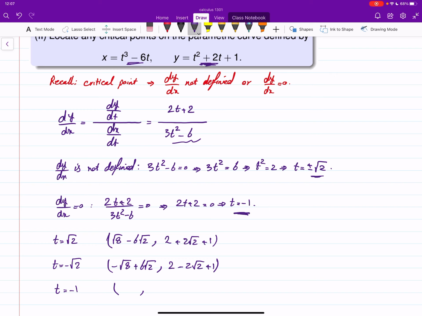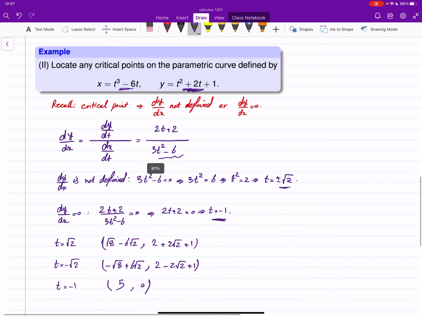Yes, so I plug negative 1 there, which is minus 1 plus 6, giving me positive 5. And if I plug it in here, it's going to be 2 minus 2, which will be just 0. So I have 3 critical points for that parametric curve.